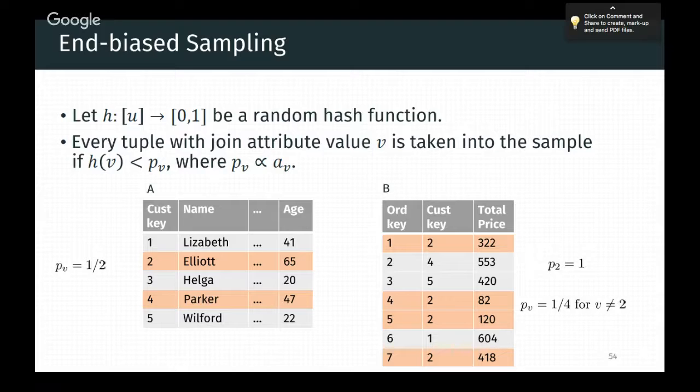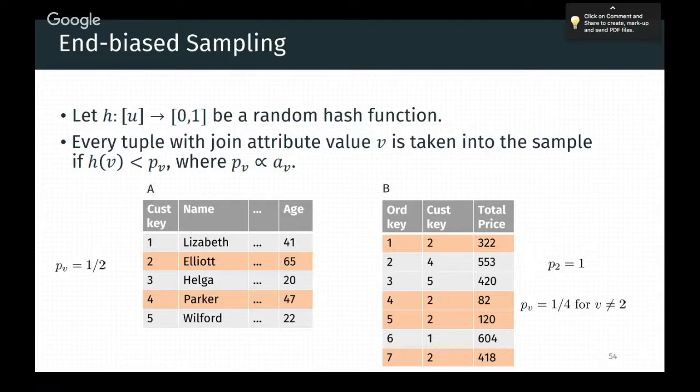So in this case, for the first table, as every customer key appears one time, we sample them with the same probability. But for the foreign key table, you can see that customer key 2 appears 4 times, while the others appear 1 time. So the probability is 1 for customer key 2 and 1/4 for the other values.